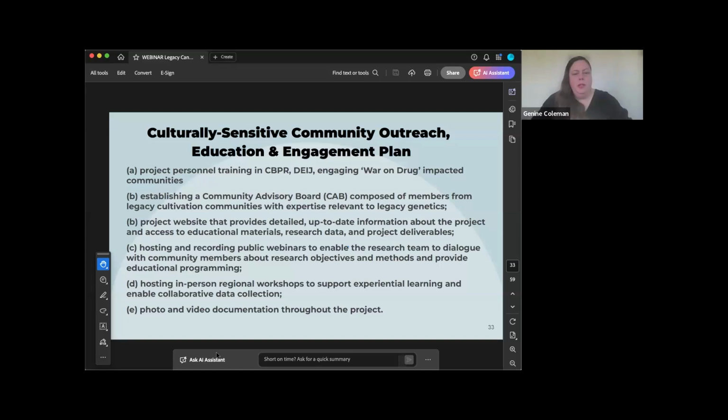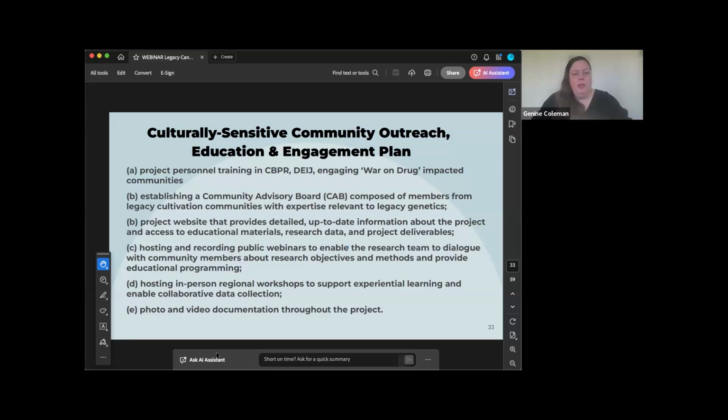The way that we've approached that is we've conducted internal trainings that Khalil and Hannah referred to, both in the realm of DEIJ, engaging more on drug-impacted communities, and led an internal team training on CBPR, learning very much as we go. We're going to talk later about the importance of establishing a community advisory board.